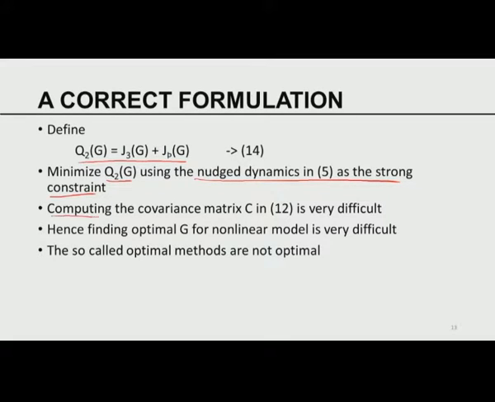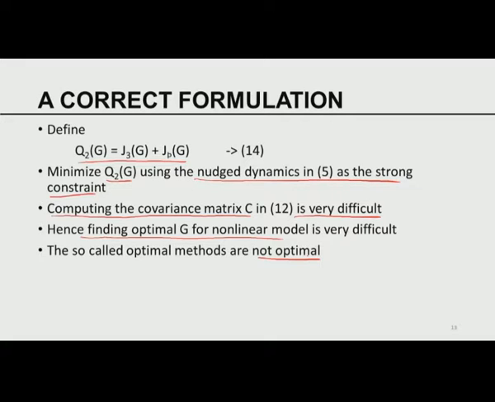But computing the covariance C in equation 12 is not easy. Hence, in principle, finding an optimal G for a nonlinear model is a difficult problem. So in our view, the so called optimal methods that were proposed between 1990 and about 2005, covering a period of about 15 years, the claim that they are optimal is indeed not correct; they are not optimal.